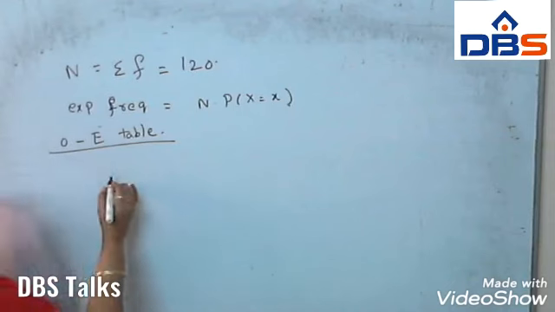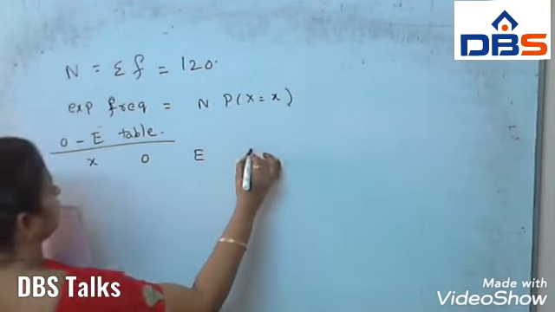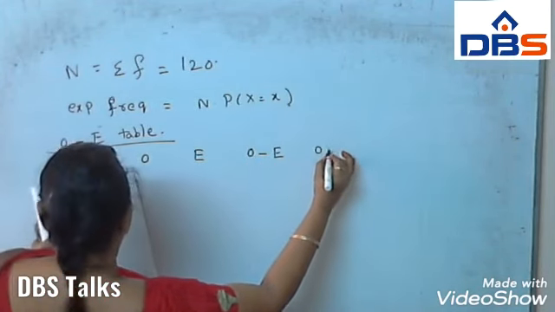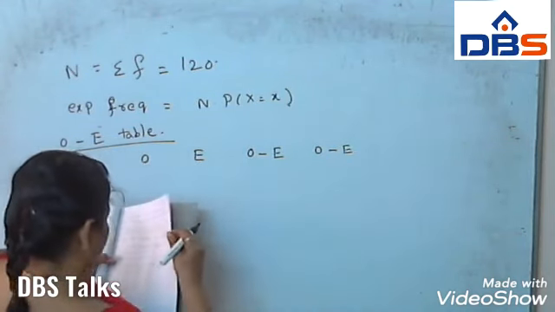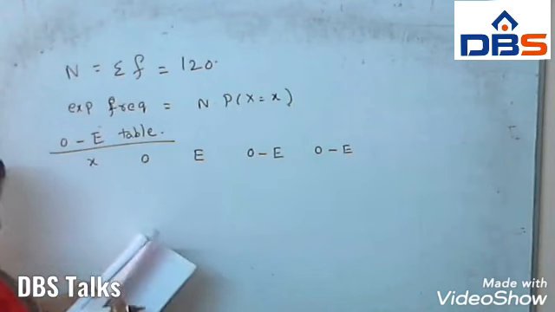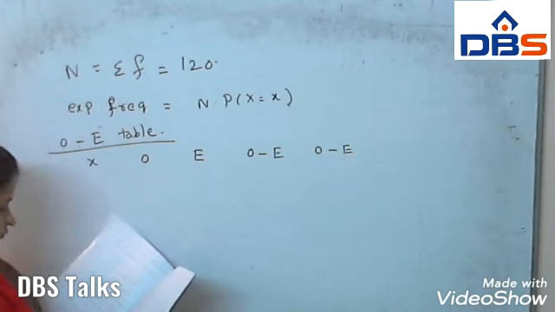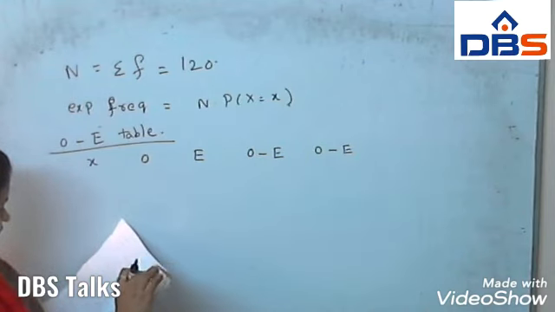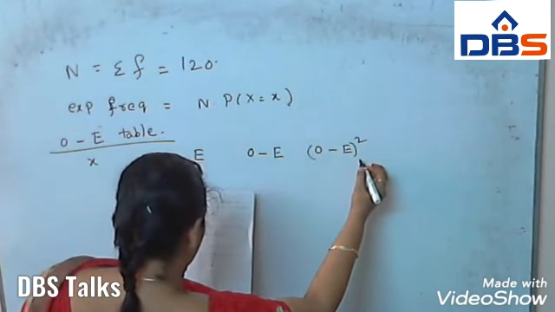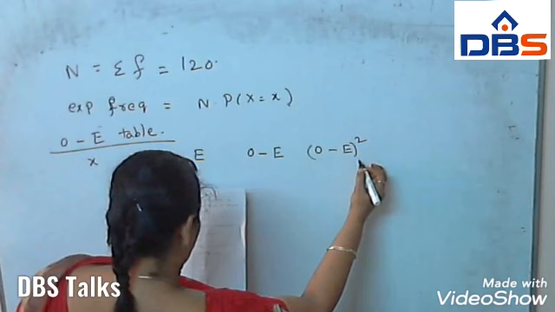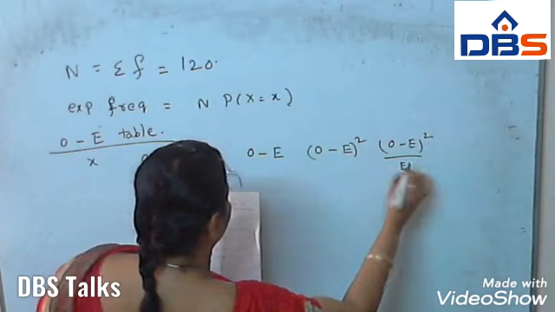That means x, observed value, expected value, O minus E whole square, O minus E whole square by E.